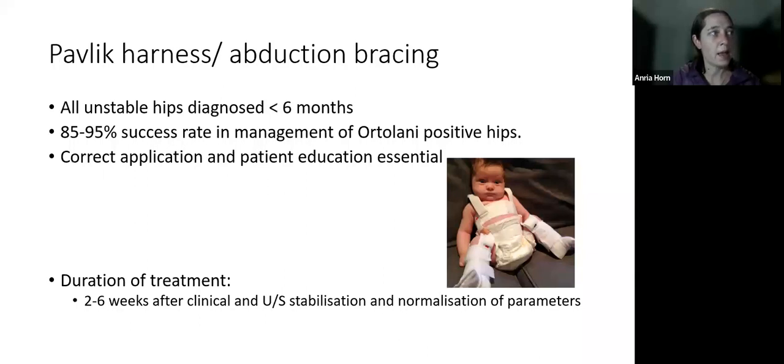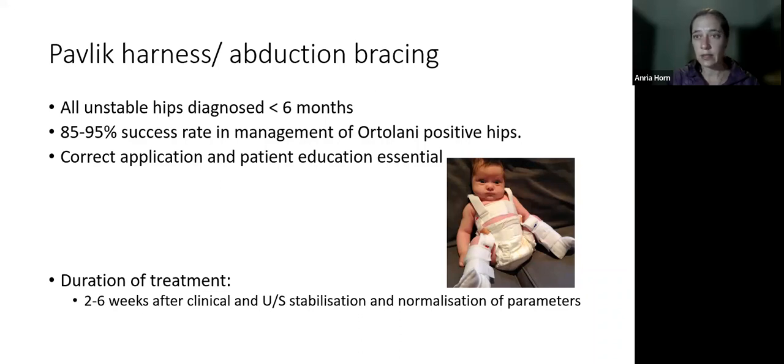So just briefly on the management. All unstable hips less than 6 months get a Pavlik harness or some form of abduction brace. We use the Pavlik harness, that's just what we do, but there are other braces available, like the Ottobock and so on. Roughly a 90% success rate in the management of Ortolani positive hips, which are the worst ones.